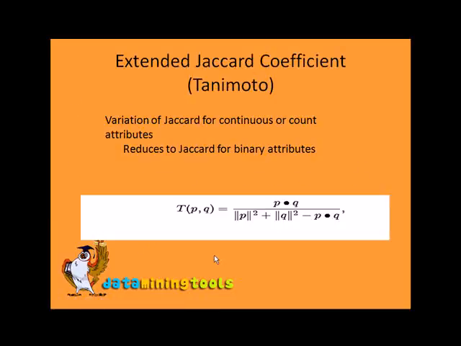Extended Jaccard coefficient is given by the formula T of P, Q is equal to vector product of P and Q divided by length of P vector whole square plus length of Q vector whole square minus vector product of P and Q.